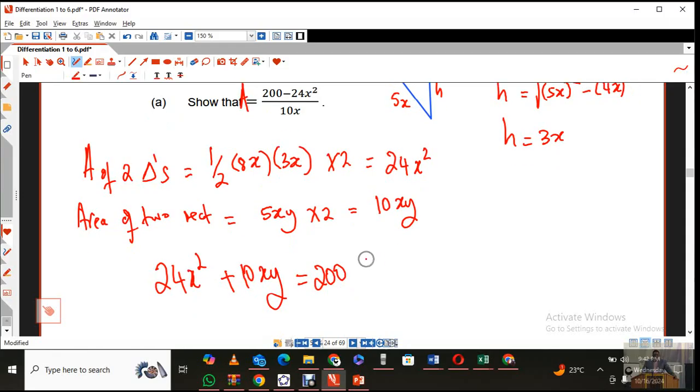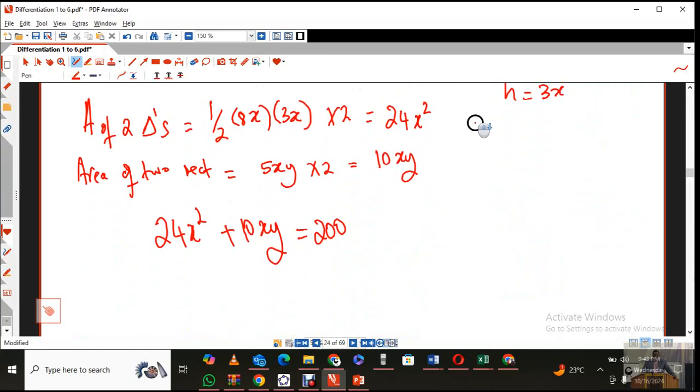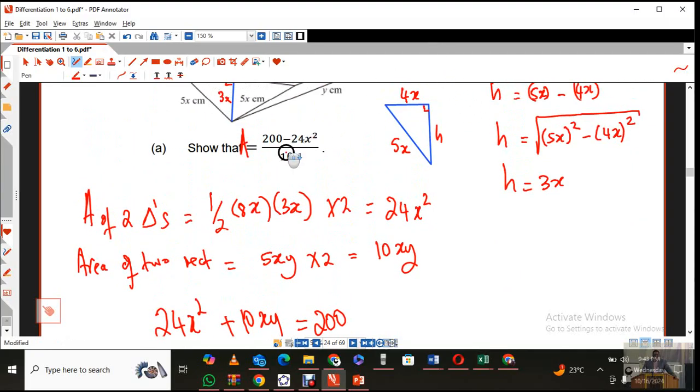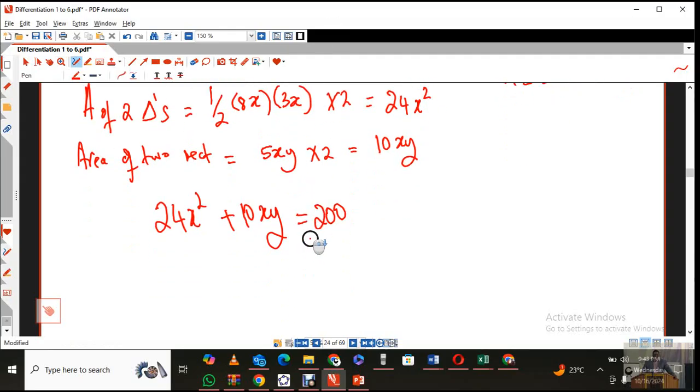So we are going to write this in terms of y. Because they say we are supposed to show this, so this is not the area, so to speak. This is y. Show that y is equal to that. So that means we're going to make y the subject of the formula.